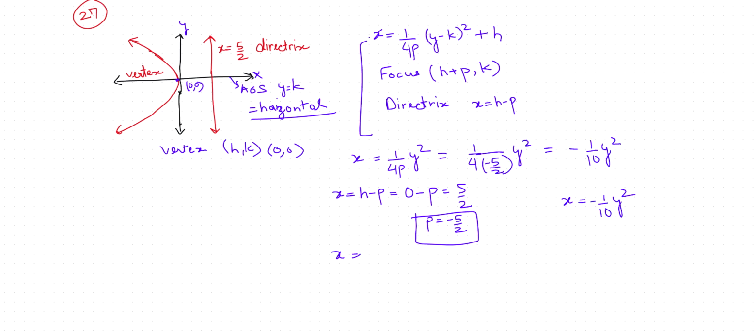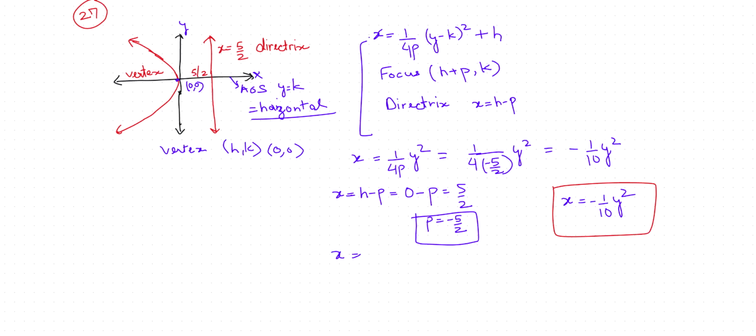So x is equal to negative 1 over 10 y square. This is our equation of the parabola. And now the focus, we can find it with the diagram also. We see that this distance is 5 by 2. So the directrix is to the right of the origin, or right of the vertex, by 5 by 2.